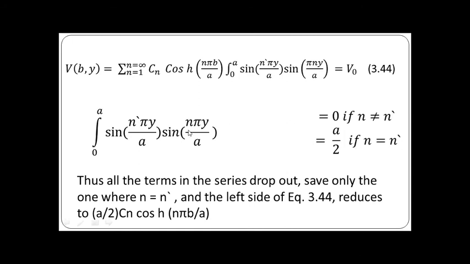So only one term in this summation is going to survive, where n is equal to n', and all other coefficients drop out. On the left hand side, we can say that Cn cosh n pi b upon a into a by 2 will remain.